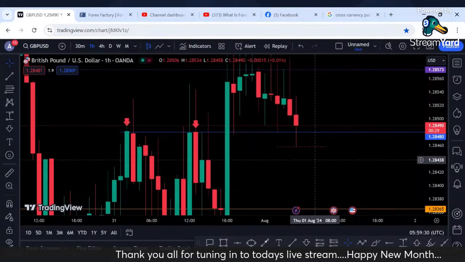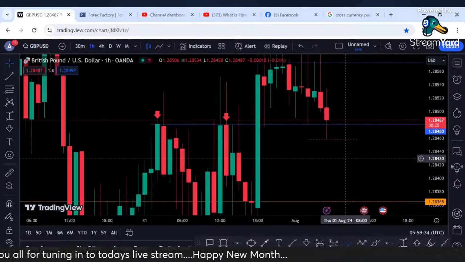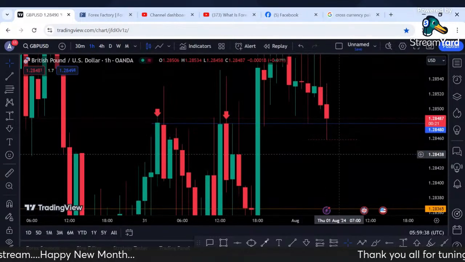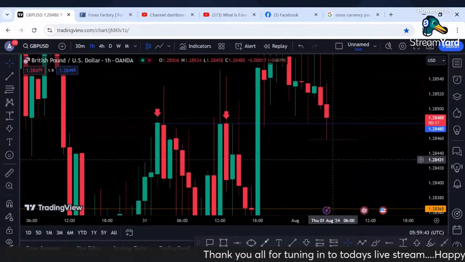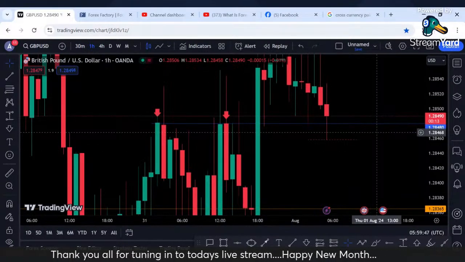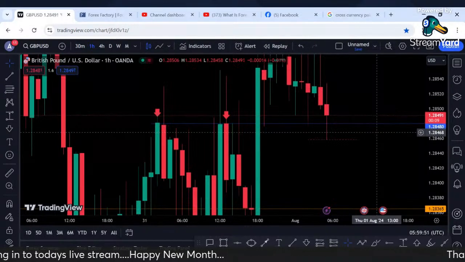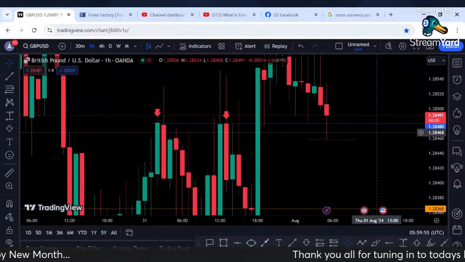I was thinking it will break, but it didn't break. If it breaks the consolidation, if it breaks this key level, I'll be taking a sell. But it didn't break.